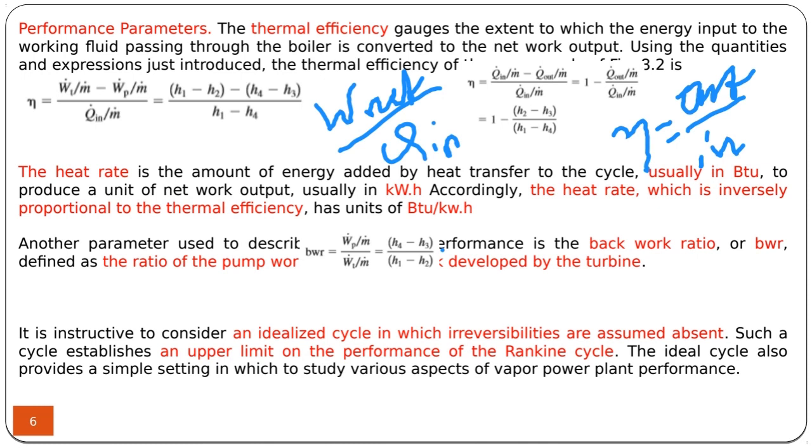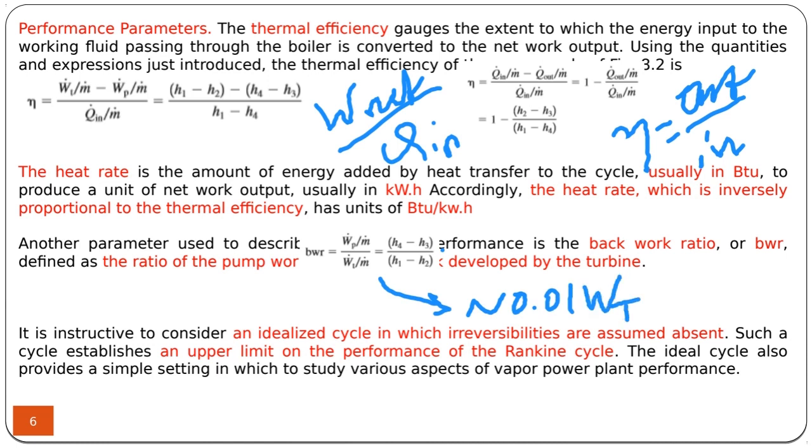Back work ratio is the ratio of the pump work to the turbine work. So this ratio is most of the time in the vicinity of 0.01 of the turbine work. It's small, but we can calculate it anyway.